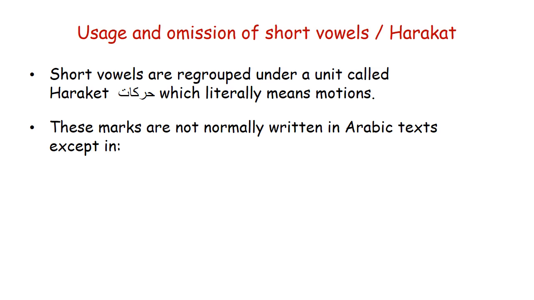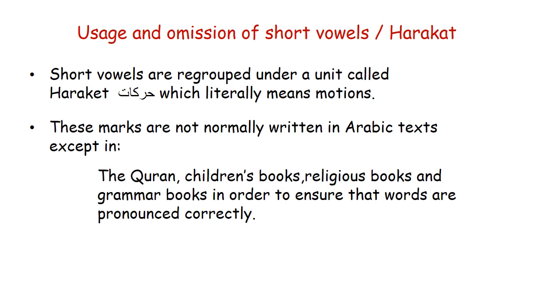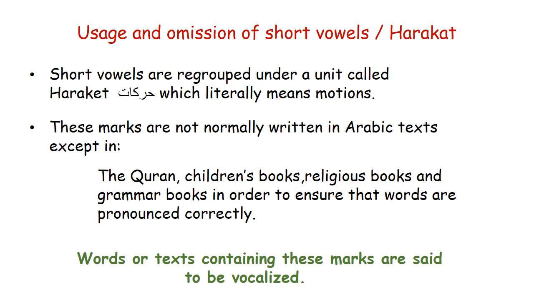These marks are not normally written in Arabic text, except in the Quran, which is the holy book of Islam, children's books, religious books, and grammar books, in order to ensure that words are pronounced correctly. Words or text containing these marks are said to be vocalized.